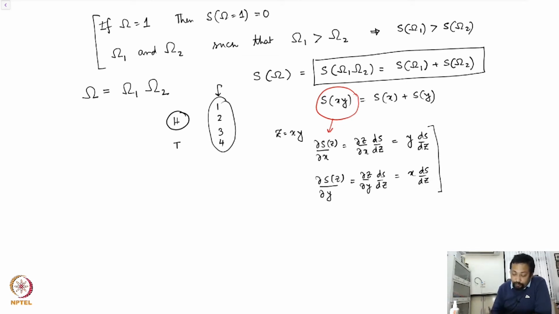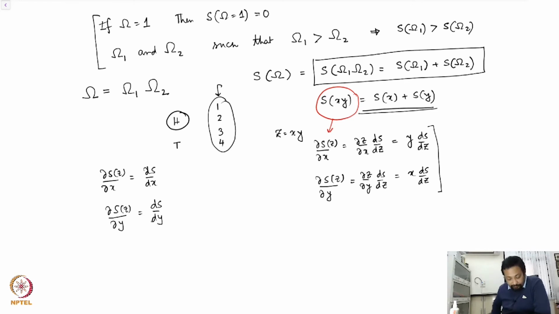But now, operating del by del x on S of z is like operating del by del x on the right hand side also. So del of S of z by del x, by this expression that we have written down over here, is dS by dx, and del of S of z by del y is dS by dy, right? So it follows that dS by dx is equal to y dS by dz, and dS by dy is equal to x dS by dz.